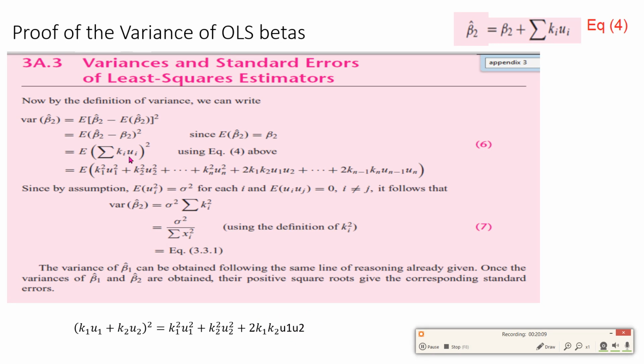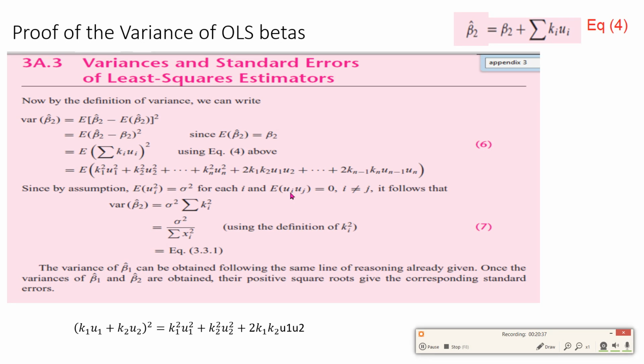So once we expand this, we can imagine that it will be the sum of all the square terms and then the cross products. Once we apply the expectation, the cross products will become 0. Why? Because by definition, different values of the random error or residual term are uncorrelated.